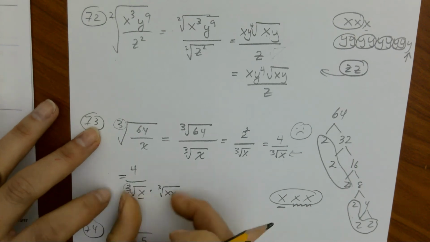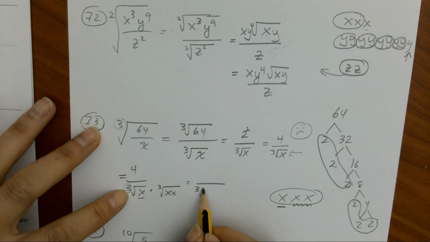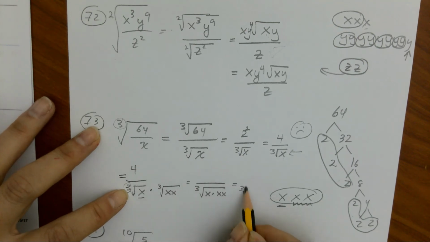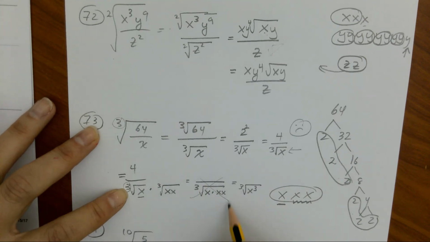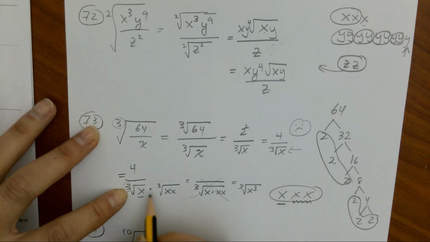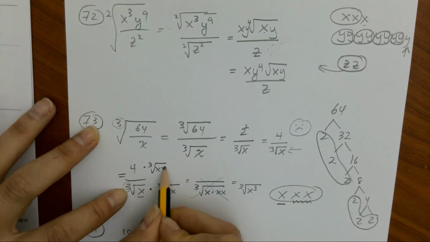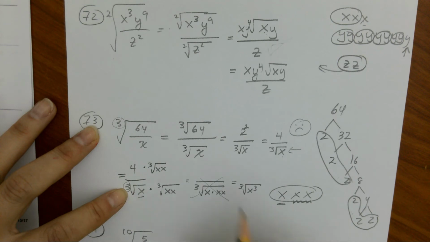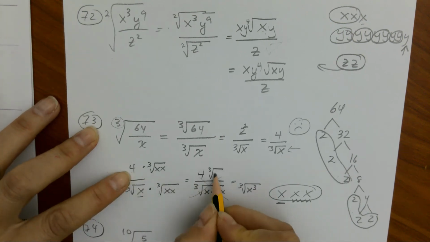So I'm going to use the same root and give it 2 more x's. If I put those together, I can write them under the same radical sign. You don't need to write that step. But if I multiply the bottom by this, I have to multiply the top by this, which is really 4.